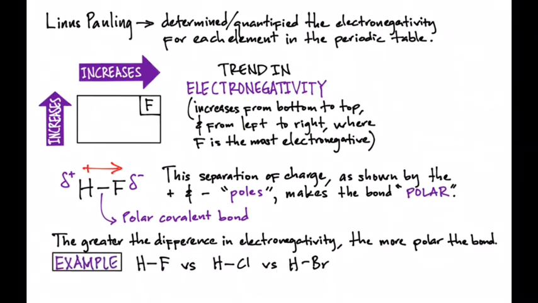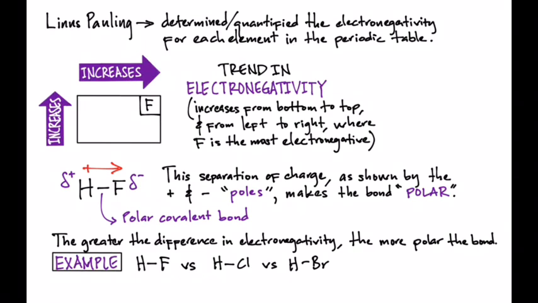So let's look at an example here. Which molecule do you think has the most polar bond? We have three different molecules here: hydrogen fluoride, hydrogen chloride, and hydrogen bromide. In the periodic table, fluorine is the most electronegative element. And between chlorine and bromine, chlorine would be more electronegative than bromine because chlorine is just right below fluorine, and right below chlorine is bromine.